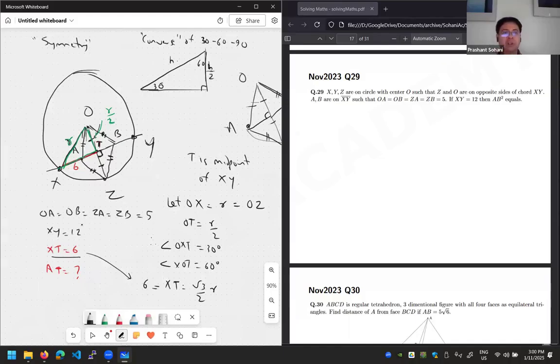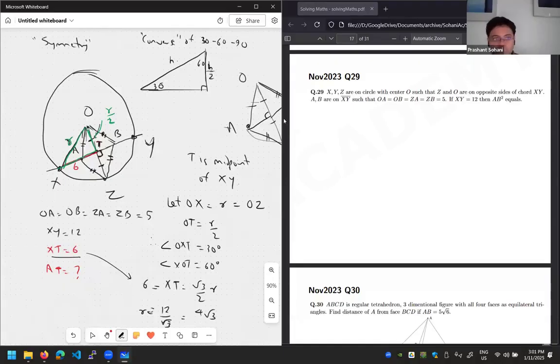So R is 12 by root 3, or if I clear the denominator, 4 root 3.